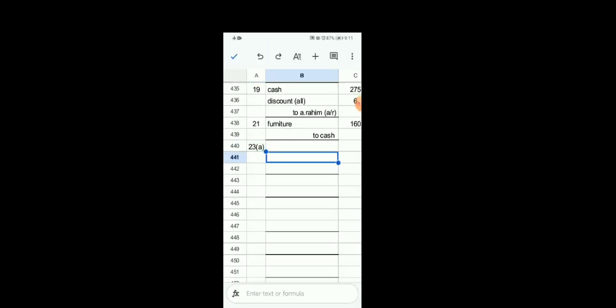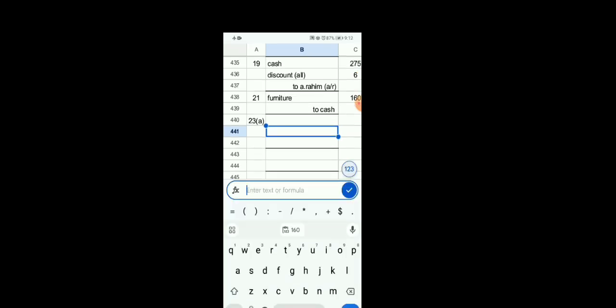The first part of 23 is saying drew cash from bank. You have drawn cash from the bank. When you draw an amount from your bank account, the amount present in your bank account would be decreased. Bank is your asset. Asset is decreasing. Decrease in asset should be mentioned on the credit side. So you will mention your bank account name on the credit side.